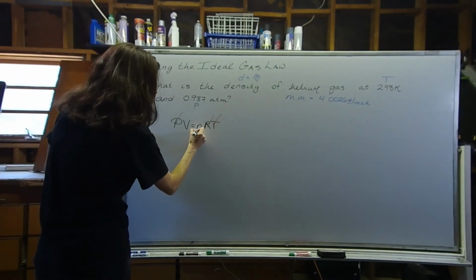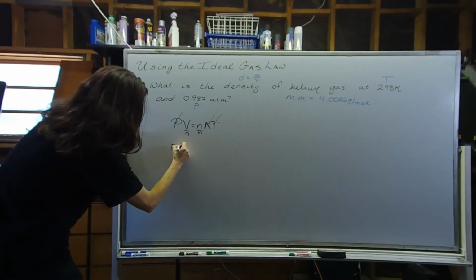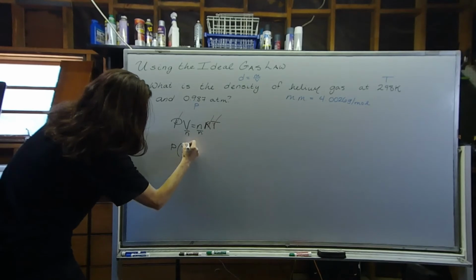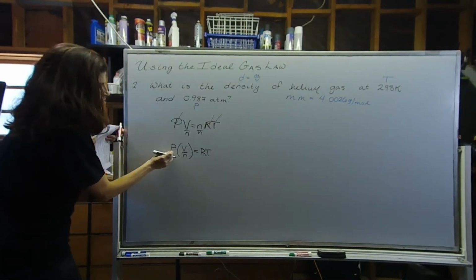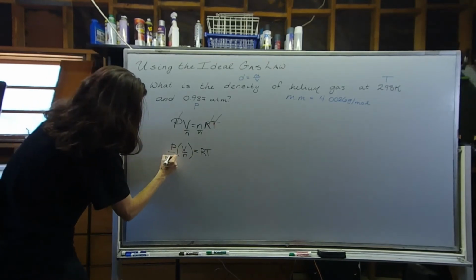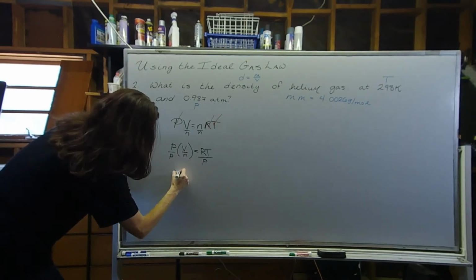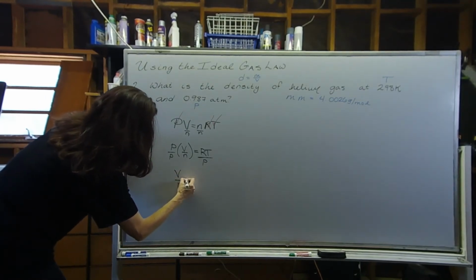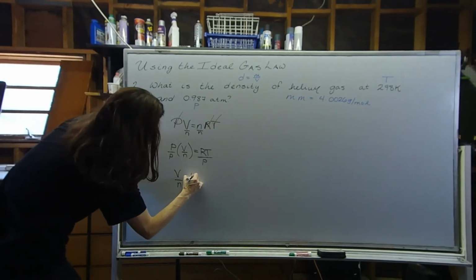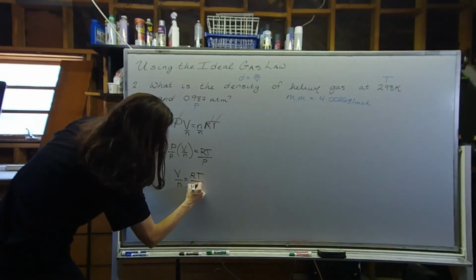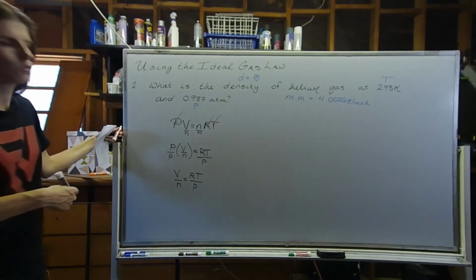So I'm going to divide over the n, and I get PV over n equals RT. And then because I know P, I'm going to bring it over with the rest of the stuff that I know. Divide both sides by P. So I have V over n, which I don't know anything about, but it'll be a conversion factor for me, equals RT over P. So I'll just start plugging stuff in because it looks like we have the right units.